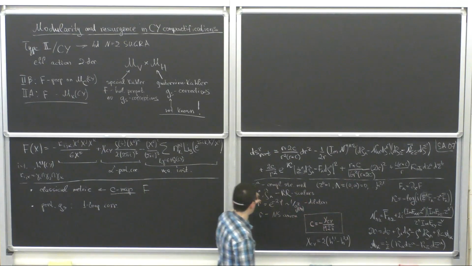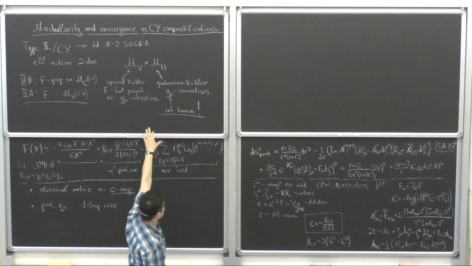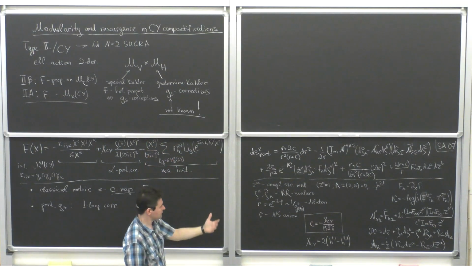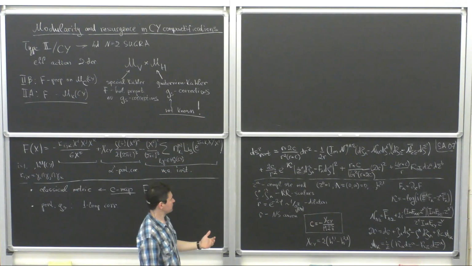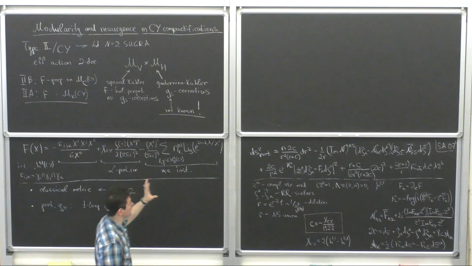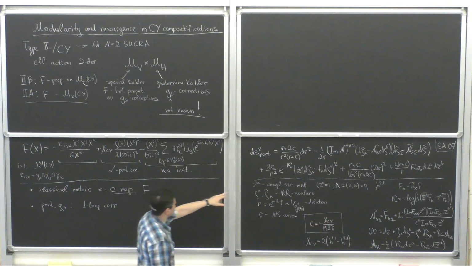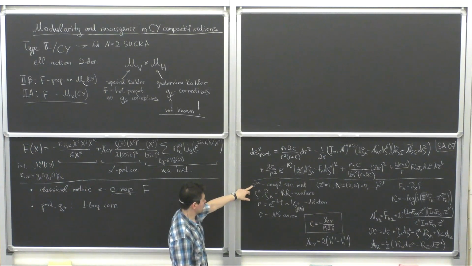These are the fields, the coordinates on this hypermultiplet moduli space, or fields in four dimensions from the target space point of view. We're in type 2A, so I wrote this formula for type 2A. The z's are complex structure moduli of the Calabi-Yau.